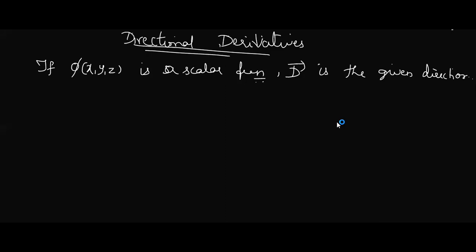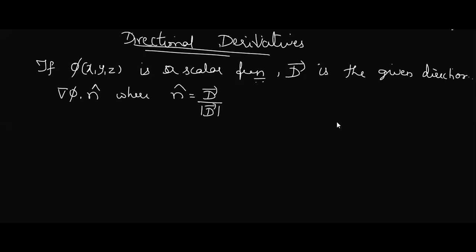Then if you take the dot product del phi dot n cap, where this n cap is nothing but the given vector d divided by its magnitude. Usually cap means it is a unit vector. And how do we take a unit vector? A vector divided by its magnitude.